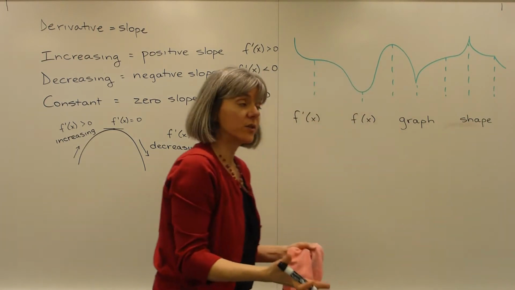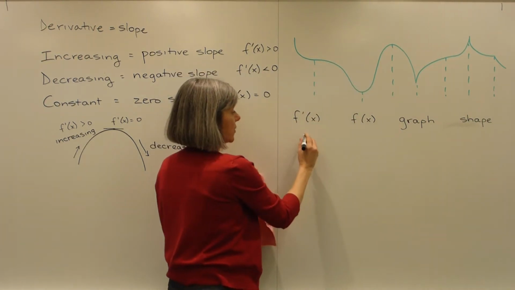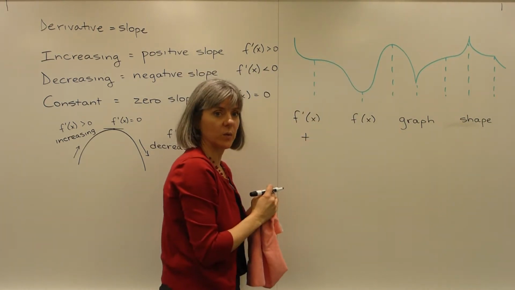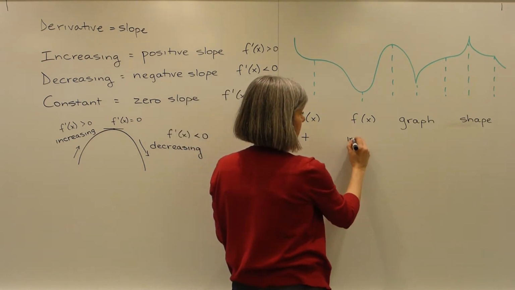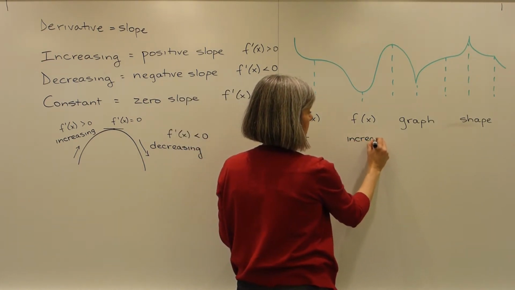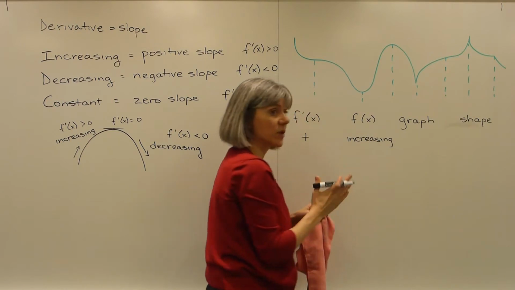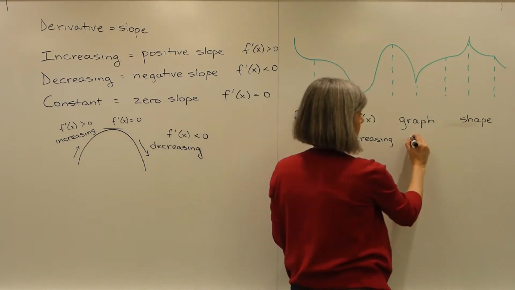So let's say that we found the derivative, and we plugged in a value, and we find out that the derivative is positive. What does that mean? That means that the function itself is increasing. It means the graph is rising left to right.